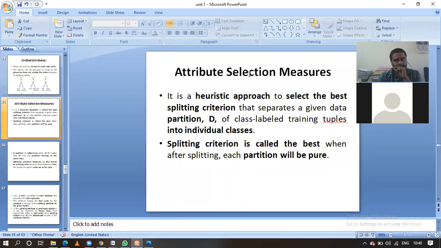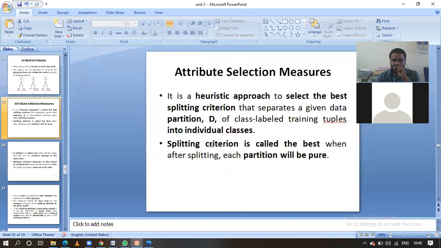With attribute selection measures we get the best splitting criteria, that is, how we divide the attribute into branches. This measure plays an important role for splitting the attributes into different forms.